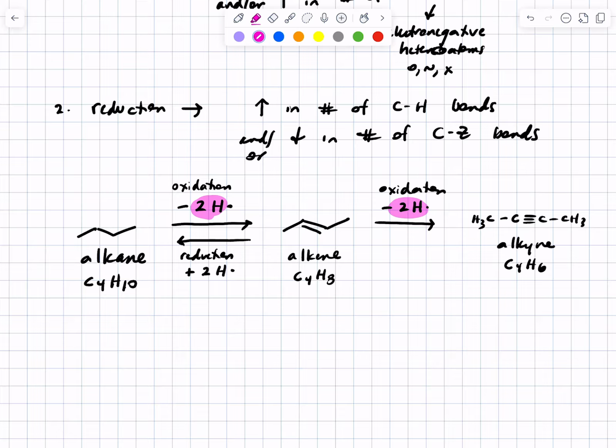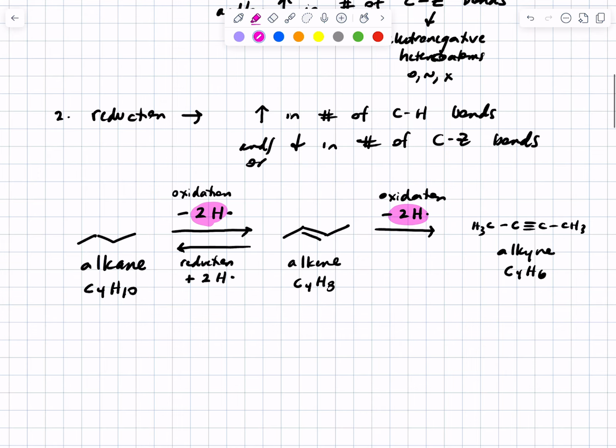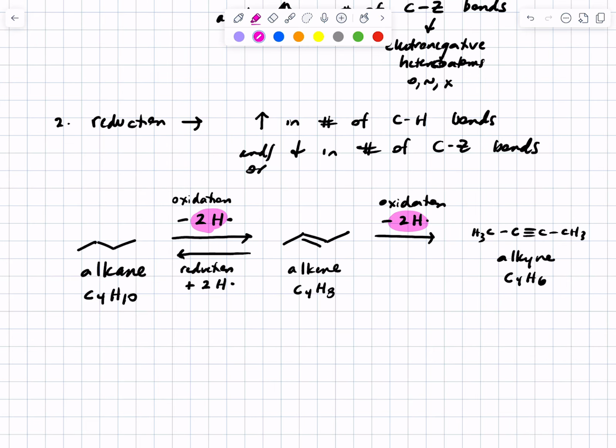It turns out you already know a series of reactions that allows you to oxidize an alkene to an alkyne. You just didn't appreciate it as an oxidation reaction yet. So if you remember, you can first brominate the alkene to get the vicinal dihalide, and then you can use two equivalents of a strong base to do the two E2 reactions that give you the two pi bonds of the alkyne.